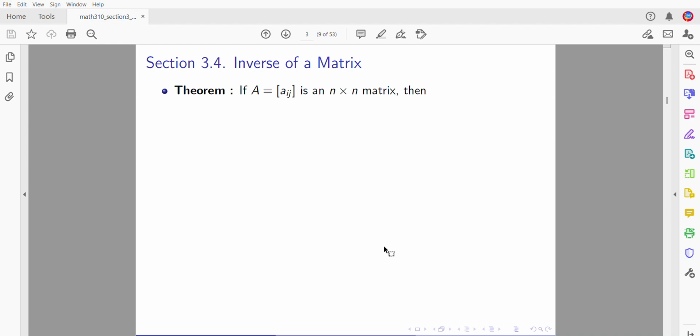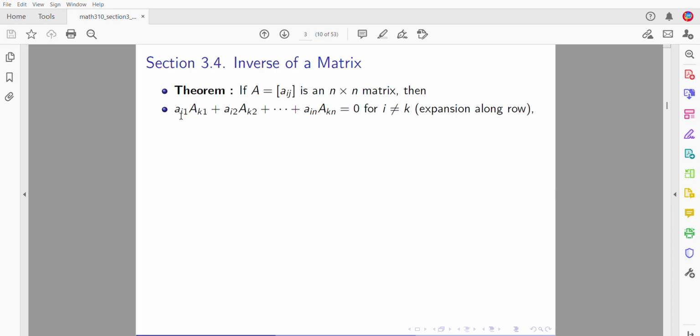Well, that brings us to a theorem. If A is an n by n matrix, then for expansion along a row, I'm using cofactors along row k, and I'm using entries along row i.